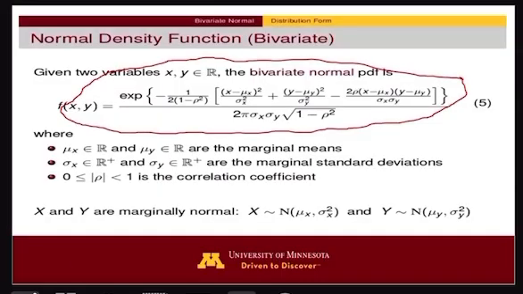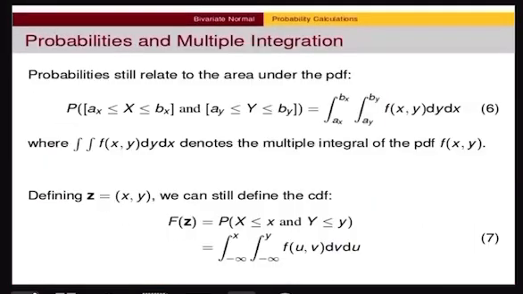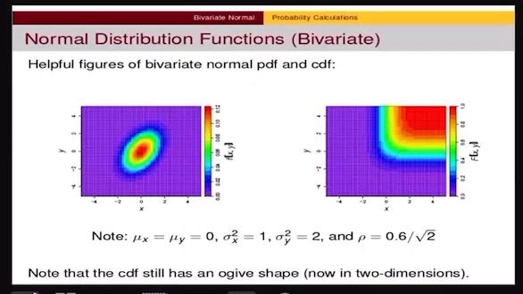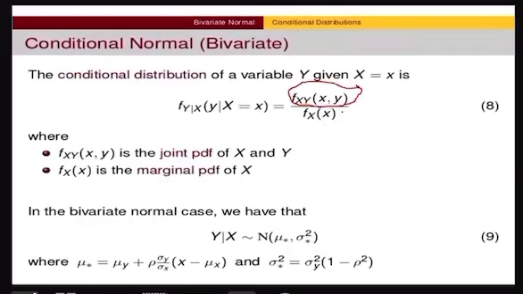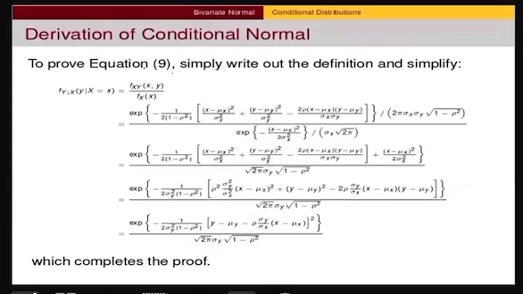If I put it in the numerator, and in the denominator I only put the marginal density for normal, what I want to derive is a conditional distribution for y given x. That's exactly what we're doing here.